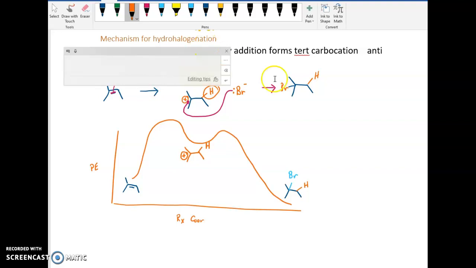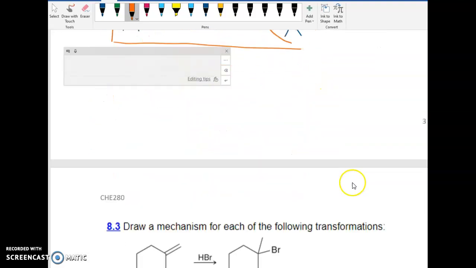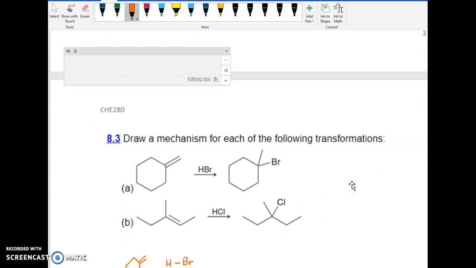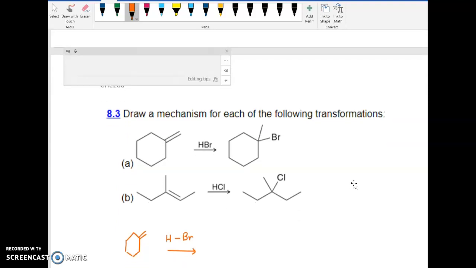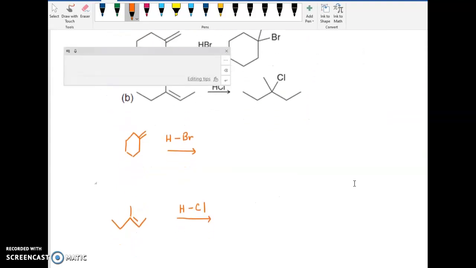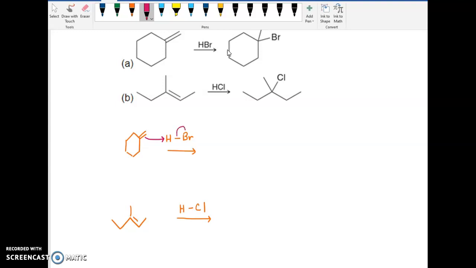So let's draw this mechanism a couple of times just so you get used to it. You may want to stop the tape here and draw the mechanism. That would be a good idea. I'm going to proceed. Let's get rid of that. Okay. So we have electrons here in the pi bond that are going to attack that proton. The electrons in this bond between the hydrogen and the bromine are going to go and live on the bromine. So we have an intermediate here. I'm going to go back into the orange.